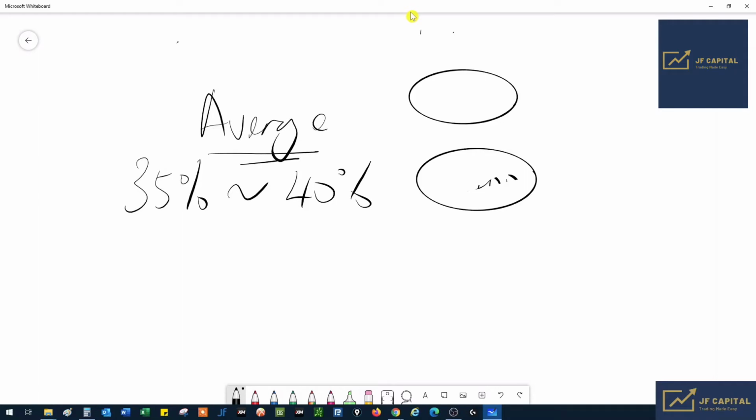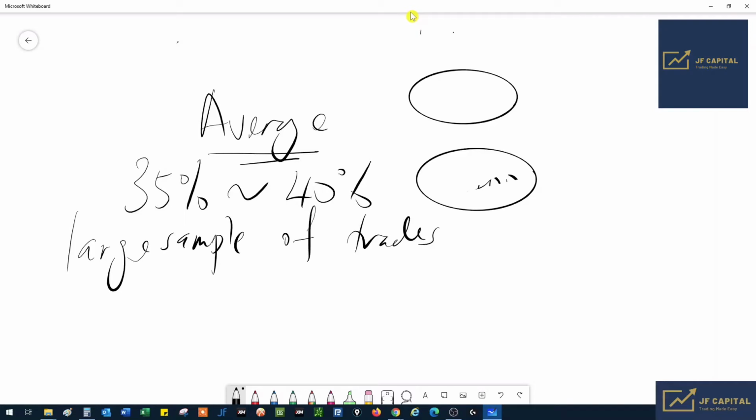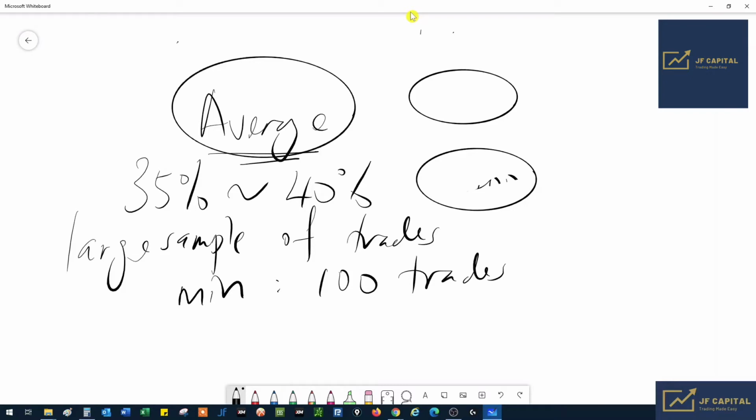This 35 to 40% is over a large sample of trades. So typically, I would say a minimum of around 100 trades. So you will have your average appear after 100 trades.